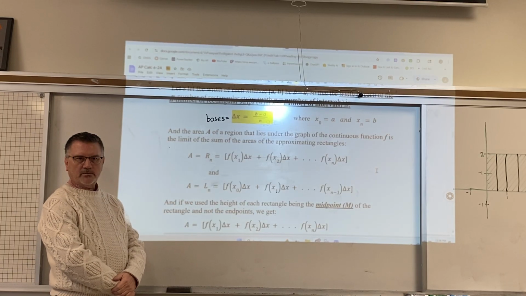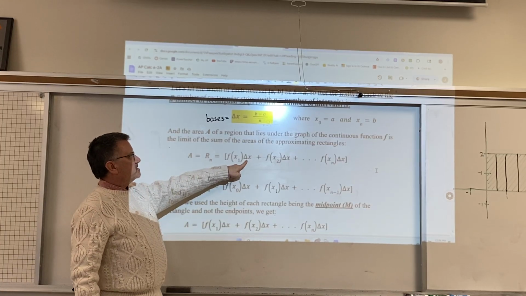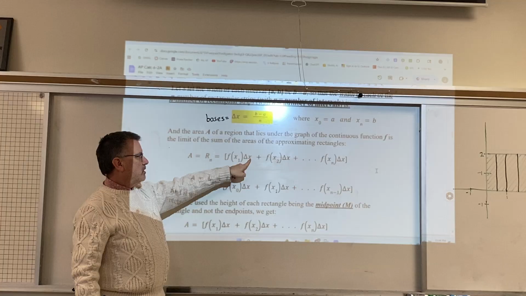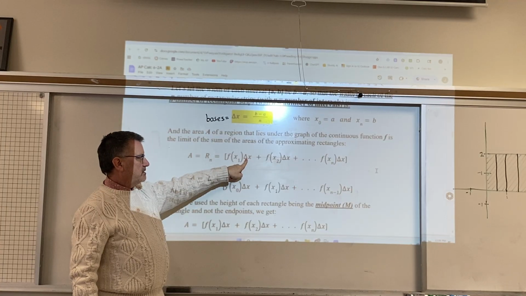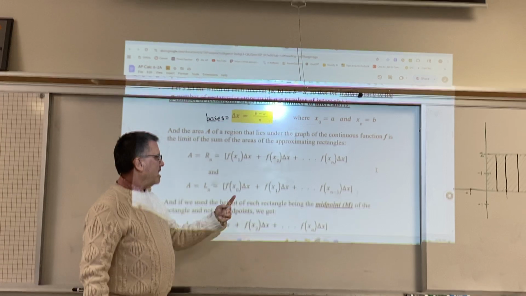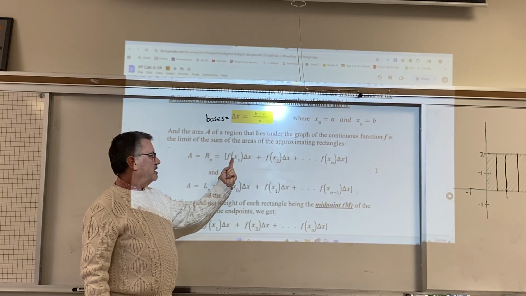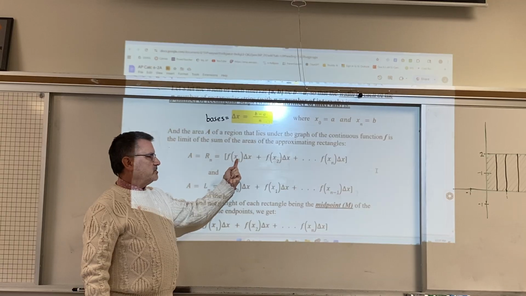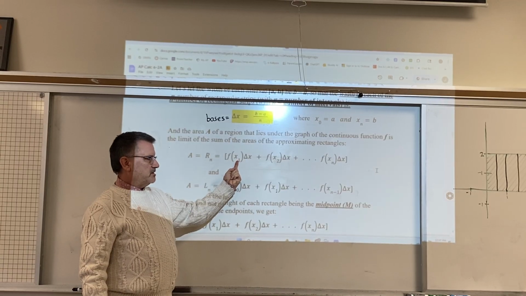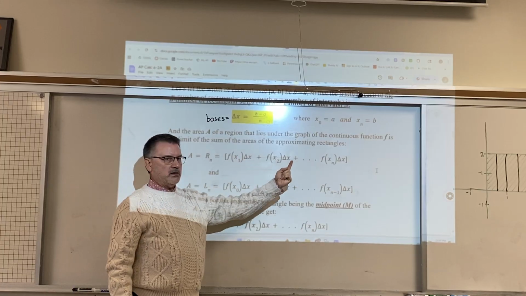And so notice what I'm doing each time. The change of x, which is your base, won't change, that'll be the base of each rectangle. The height is what is changing. So you have to plug in the different values of x at that particular spot to get what the height of that rectangle is at each of those spots.